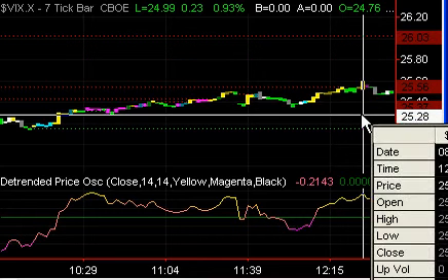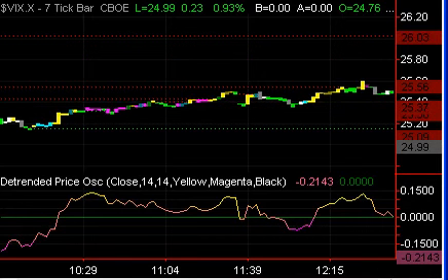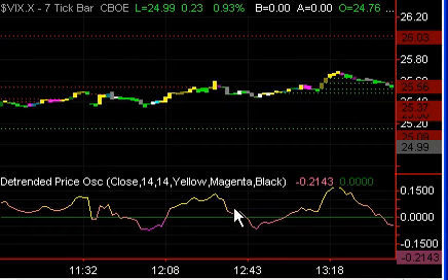Finally, when we get right up here and begin to turn, while you can't really see it that well, there is a little bit of divergence in here. And we see a corresponding move down, at least briefly.